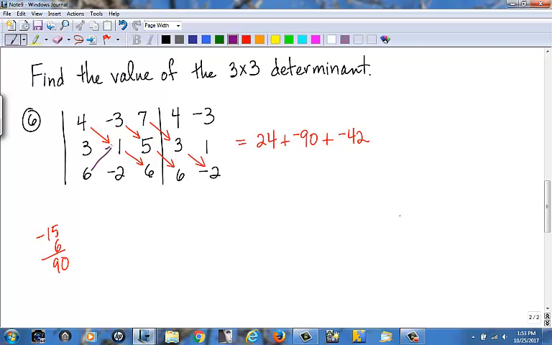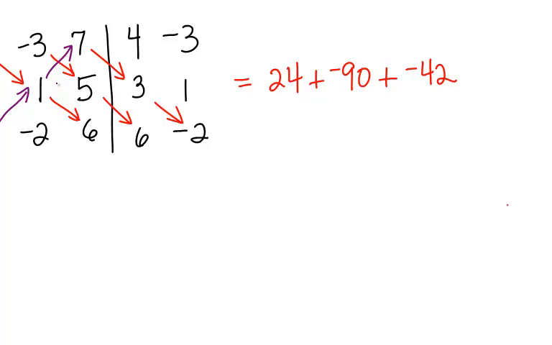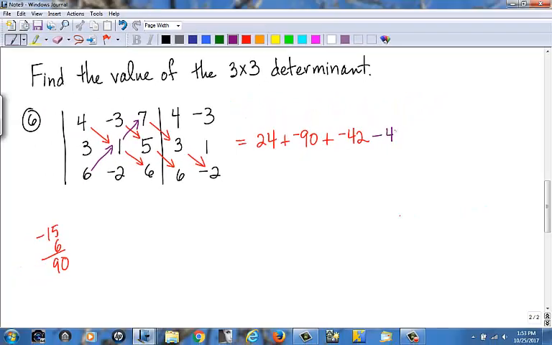Okay, then start in this lower, start with the 6. You're going to multiply, coming back up. 6 times 1, 6 times 7, 42. Listen, you subtract the products coming back up. You multiply and add the 3 products coming down to the right. You subtract the 3 products coming back up. So subtract 42.